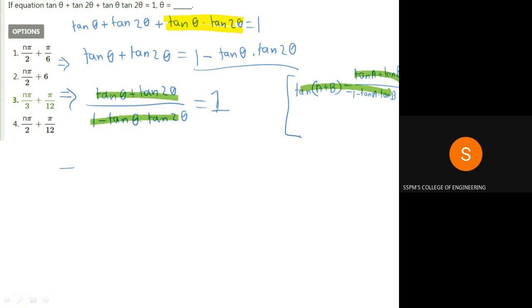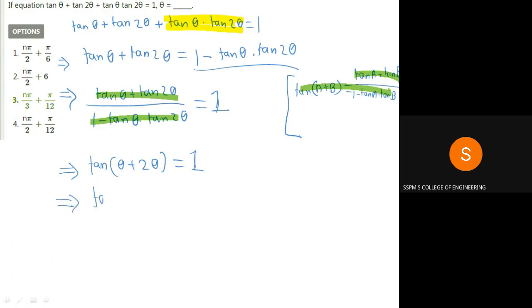Next step. We can write it as tan theta plus 2 theta is equal to 1. We replaced it using the formula.